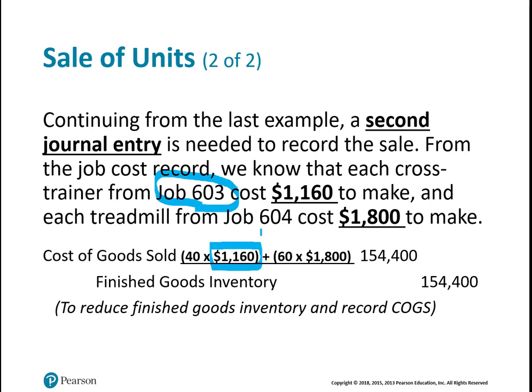And then job 604, which we didn't do all the calculations, the average cost was $1,800. So now our cost of goods sold is $154,400, and we take it out of finished goods because when we sell the inventory, we take it out of finished goods, and now we put it on the income statement as the cost of goods sold.